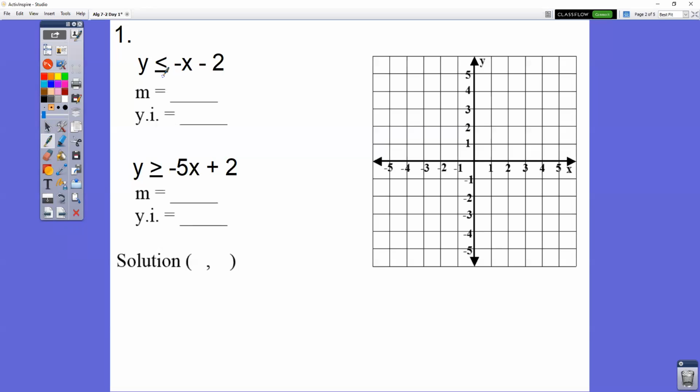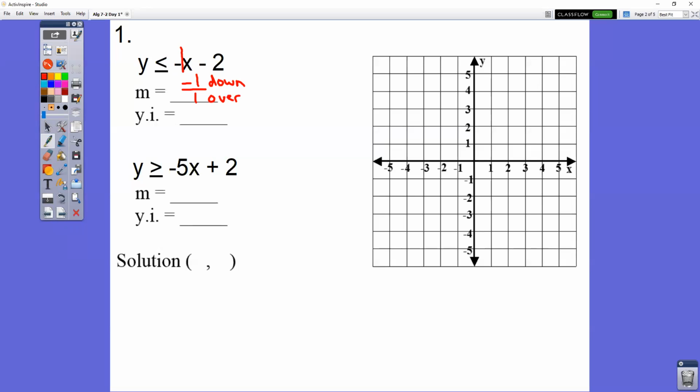So when I go to do question number 1 here, the slope of this line, there's really a 1 in front of that x. So our slope, remember, we want to write slope as a fraction. So that slope is really -1 over 1. That really means that we're going down 1 over 1.